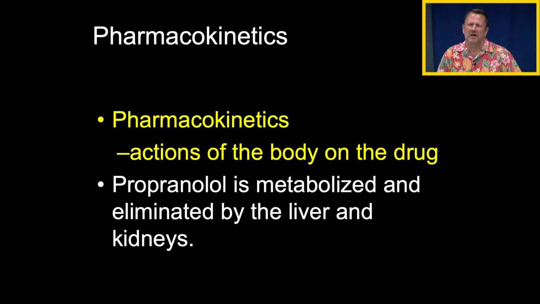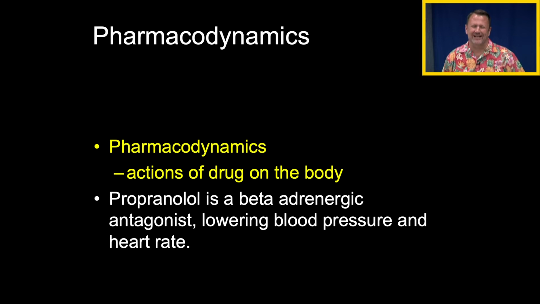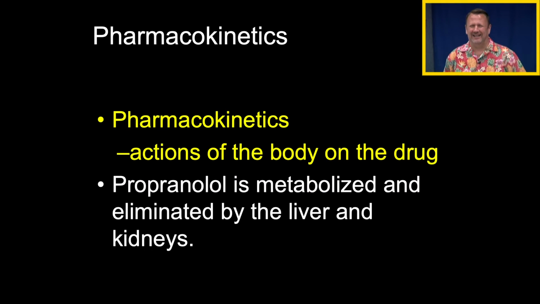Propranolol is broken down by the liver, made into water-soluble substances, so they can be eliminated by the kidneys. That is the kinetics of propranolol. Here we're talking about the elimination kinetics. And so please know the difference between the dynamics, what the drug does to the body, and kinetics, what the body does to the drug.